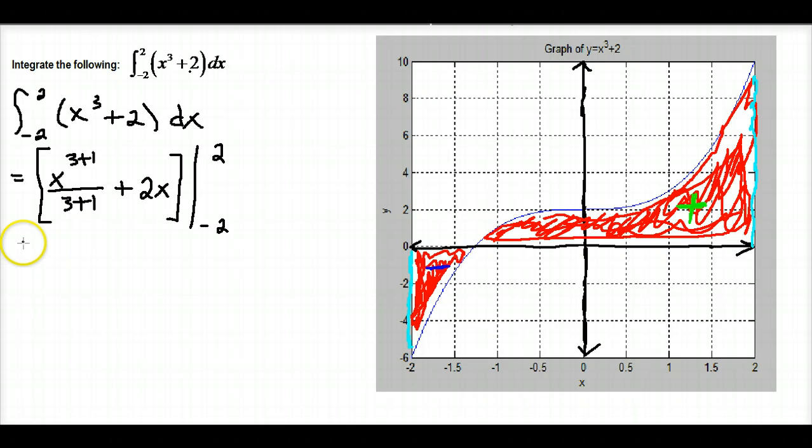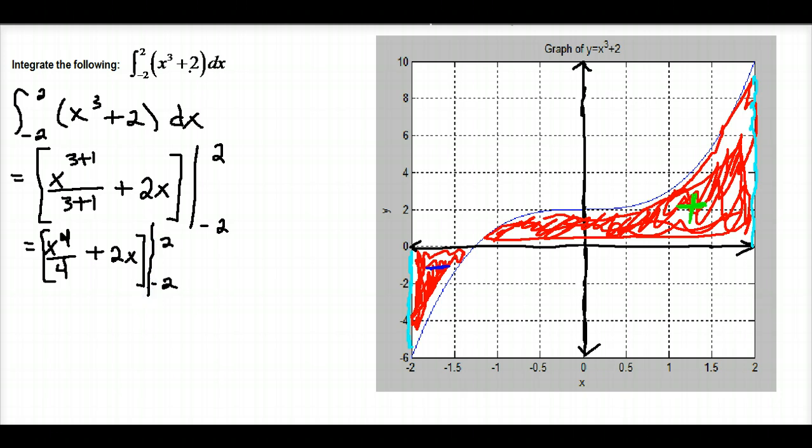So we clean this up, and we'll see here that we get x to the fourth over 4, or 1/4 x to the fourth, plus 2x. Now again, we're going to say we're evaluating that from -2 to 2.